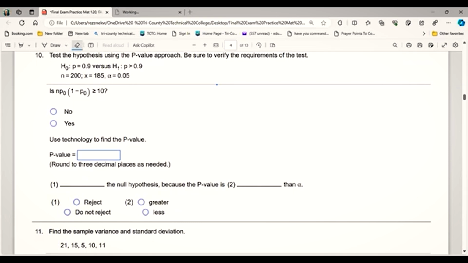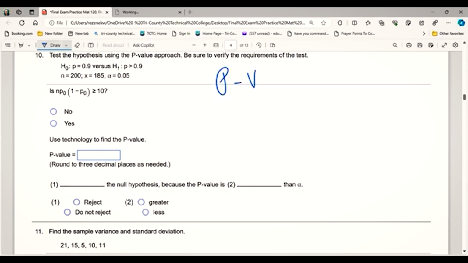It says, test the hypothesis using the p-value approach. Be sure to verify the requirement of the test. By the way, what is p-value again? Let's make sure. P-value is the probability of accepting the null hypothesis.